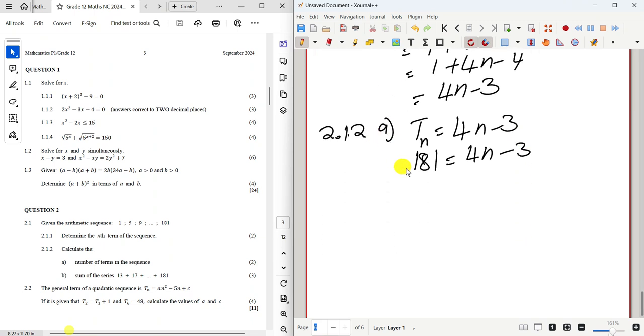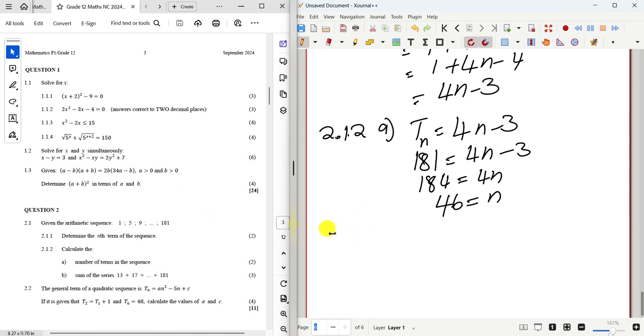So this is 184 equals 4n. 184 divided by 4 will be 46. So this is 46 equals n. Right? 46 equals n.